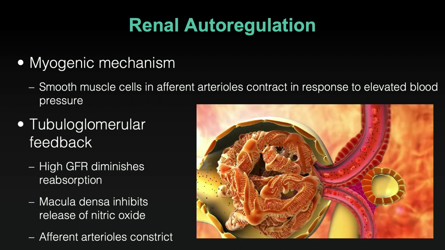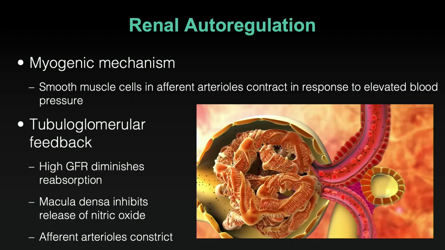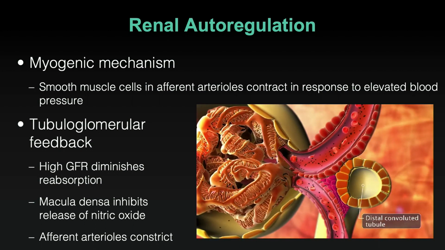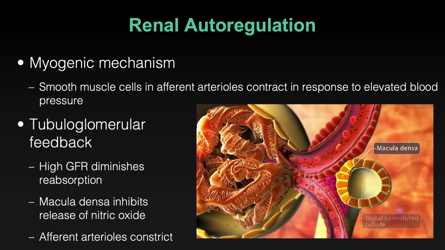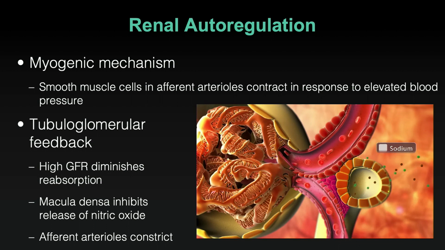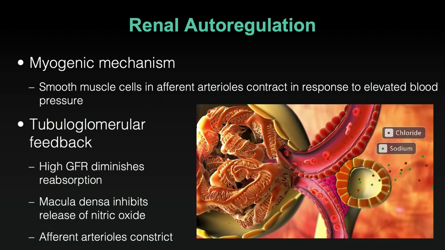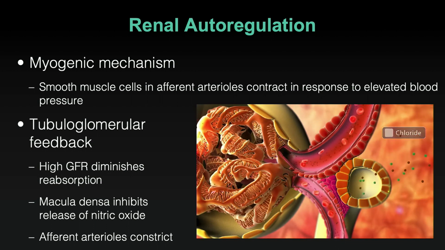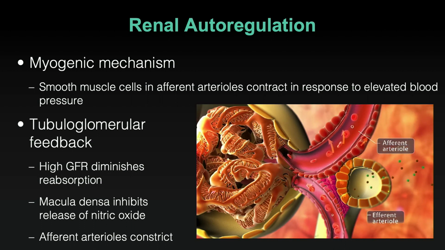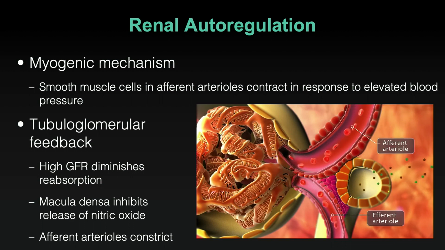GFR can also be adjusted by tubuloglomerular feedback. Within the wall of the distal convoluted tubule is the macula densa. These cells detect the flow of filtrate through the nephron by monitoring sodium and chloride ions and water passing by. The cells secrete paracrines to adjust the diameter of the afferent arteriole and control glomerular pressure.